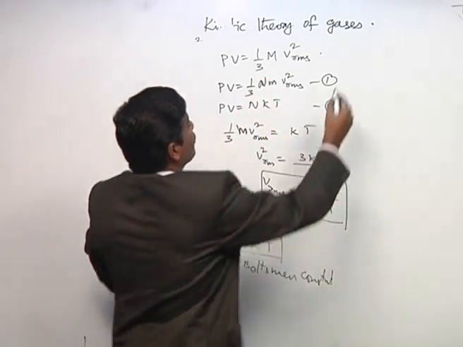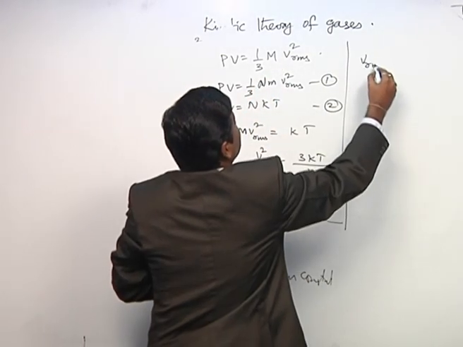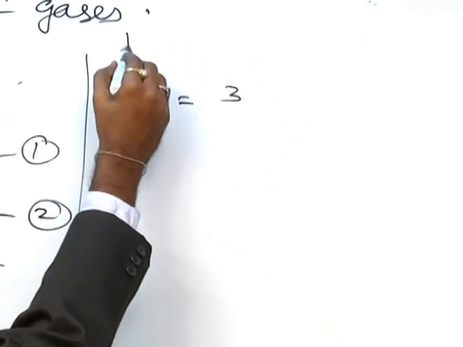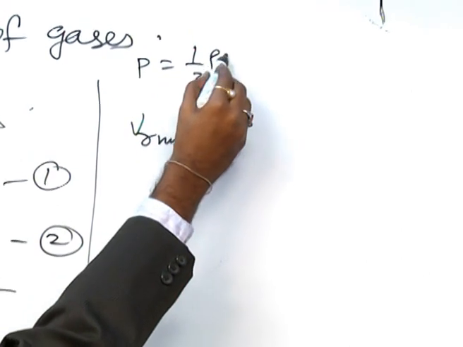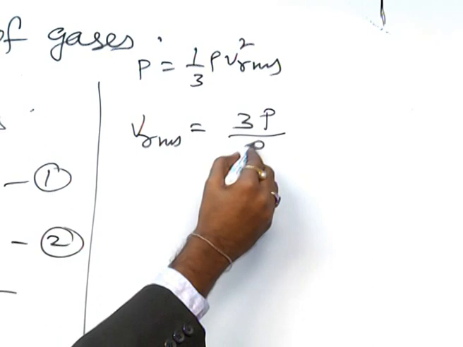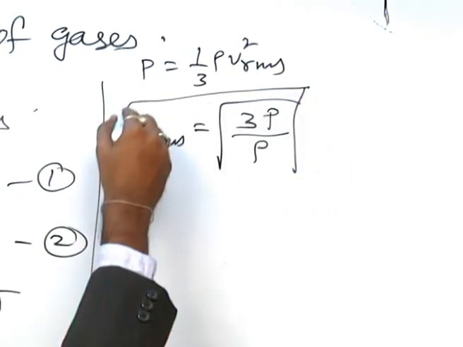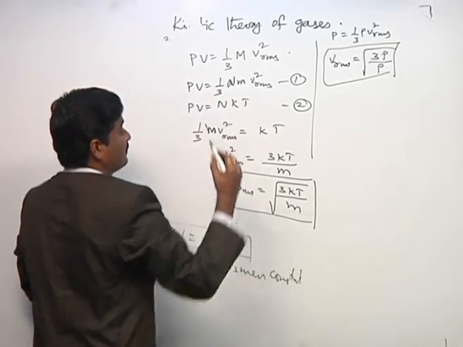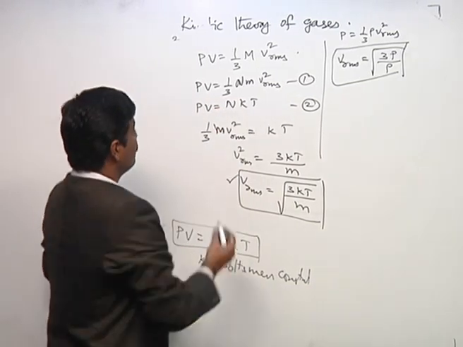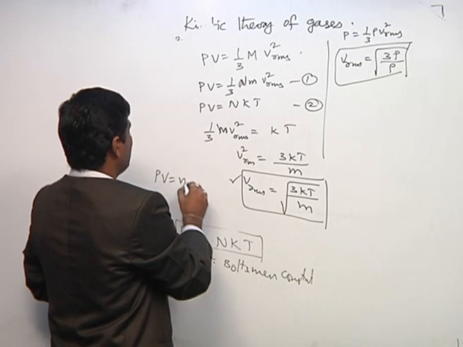So from here, initially we derived V RMS, see here P is equal to 1 by 3 rho V square RMS. So V RMS is equal to the square root of 3P by rho here. This is the expression for V RMS. Simultaneously, instead of NkT, we are taking PV is equal to nRT.